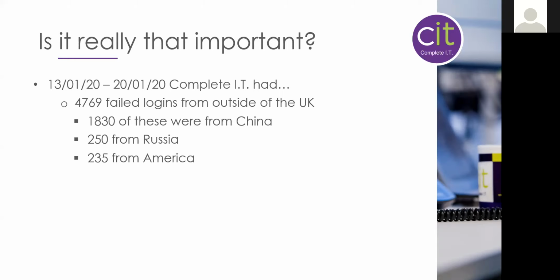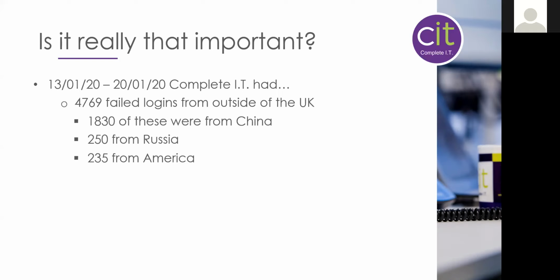And just to pick up some of the higher examples of a breakdown of where they came from, we had almost 2,000 of them from China. Now I can tell you now, we don't have anyone living and working in China. I've left this in here just to show these are the kind of things we can protect with conditional access.